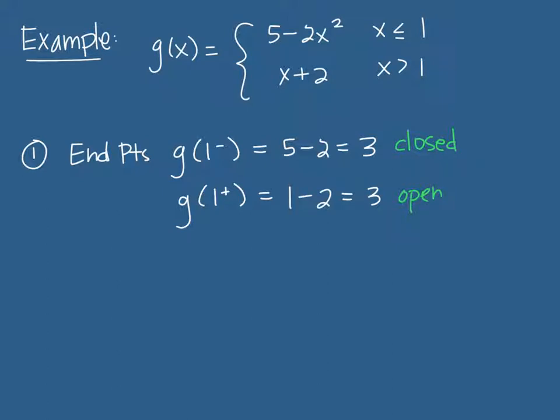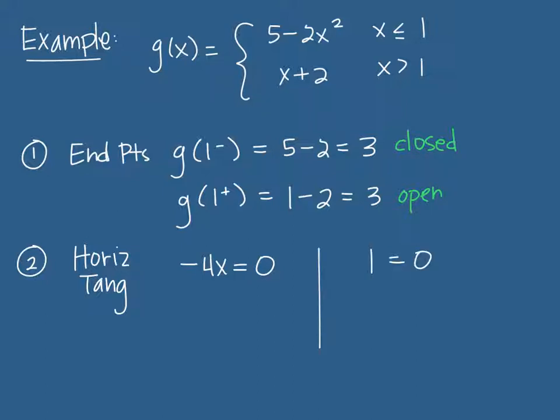Okay, for horizontal tangents, you're going to have to check both pieces because there could be horizontal tangents in each piece. So you'll have to check the derivative of the top piece and the derivative of the bottom piece. The derivative of the top piece is negative 4x. Set that equal to 0. The derivative of the bottom piece is just 1. Set that equal to 0.